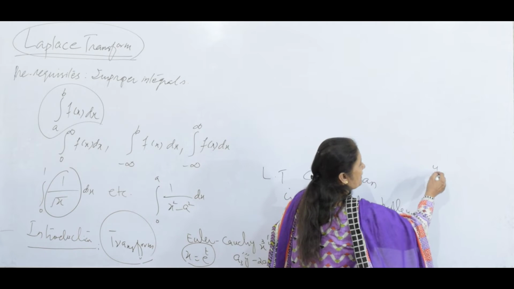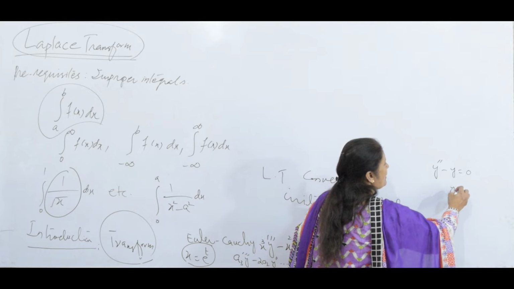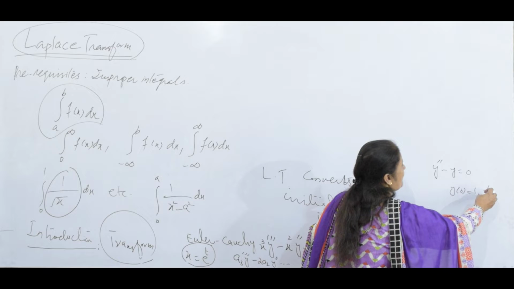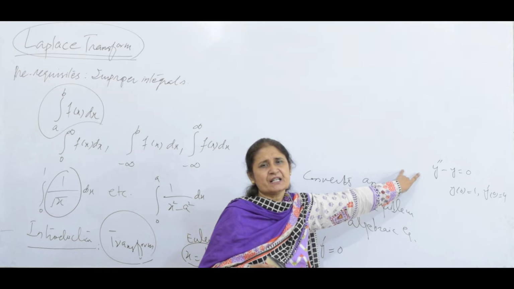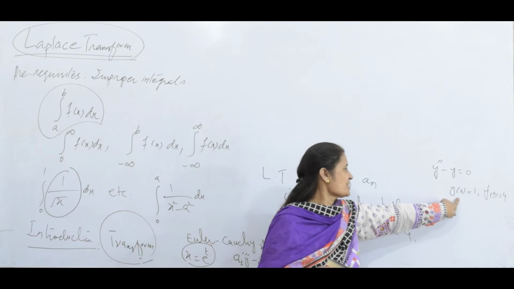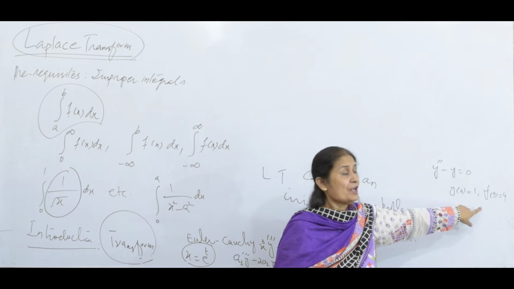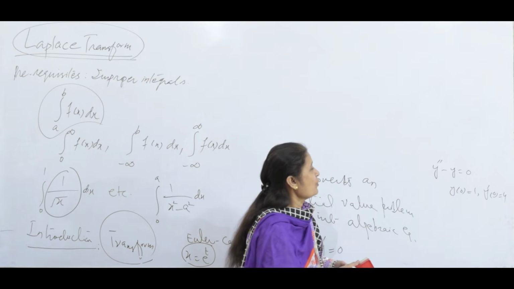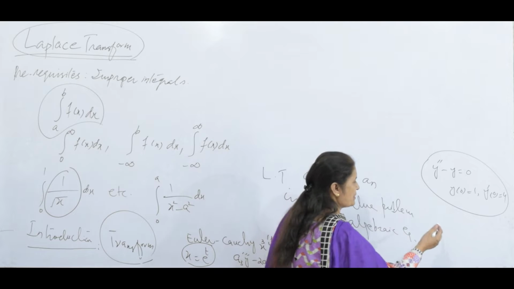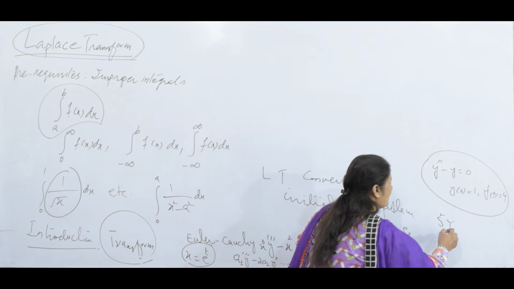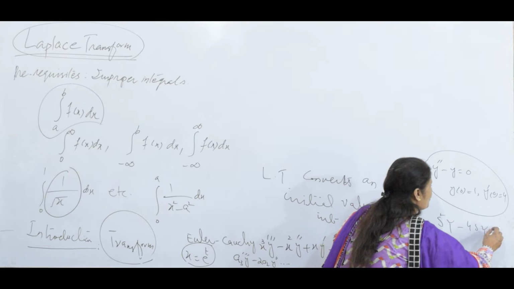For example, if I write y double dash minus y, y of 0 is 1 and y prime of 0 is 4. This is an initial value problem because the conditions are on the function and on its derivative at the initial point. So the Laplace transform converts this problem into an algebraic equation, something like that, Y minus 4s Y something equal to 1.